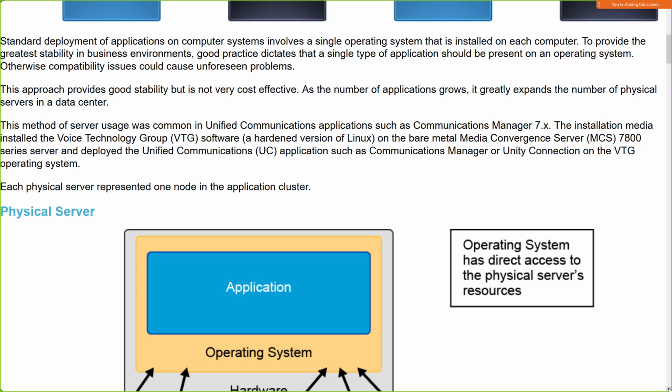The method of server usage that we see, that particular method was Cisco Unified Communications Server 7.x. We actually had the voice media, voice telephony group software, which was basically Cisco Unified Communications Manager. The bare metal servers, which were the MCS 7800 series platforms, were deployed for this UC. The UC applications were deployed on these servers, but the server itself provided only one function, and that function was call routing or call control.